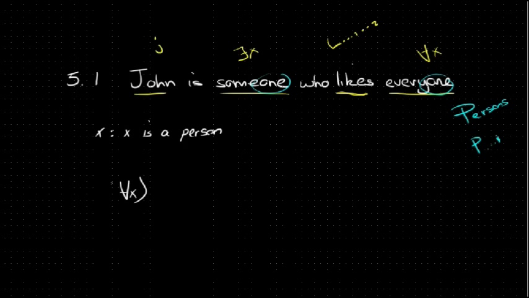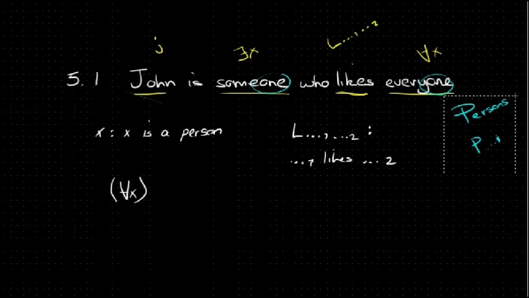Every x is such that, so I just need to work out the such that. Well, if I've got my predicate L, which is going to be 1 likes 2, in fact I'll move that up there. Jot this out of the way.